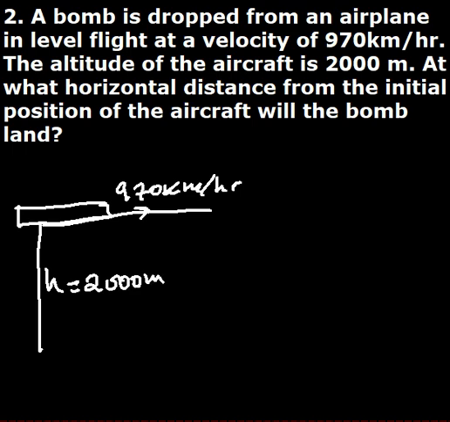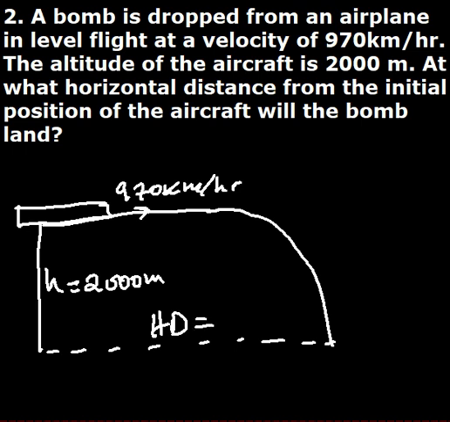The bulb has to land on the ground. The question asks at what horizontal distance from the initial position of the aircraft the bulb will land. So we are looking for the horizontal distance.